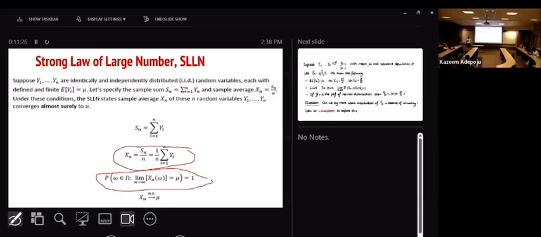Do you see any epsilon? There's no epsilon. Here we're looking at absolute convergence, not within any distance. The other time, it was the probability of the absolute value difference between the sample mean and the population mean being less than or equal to epsilon. That means we're looking at convergence within a certain distance.